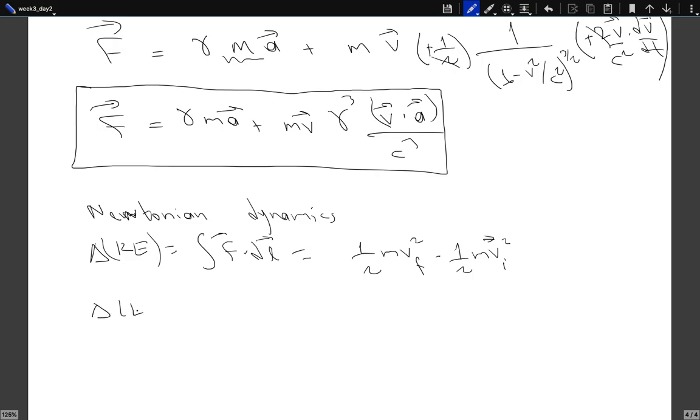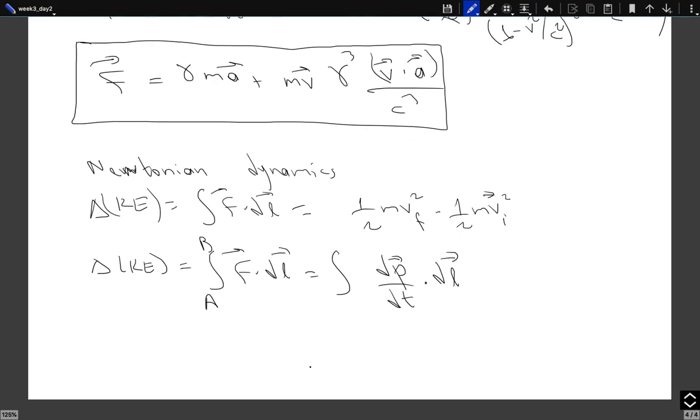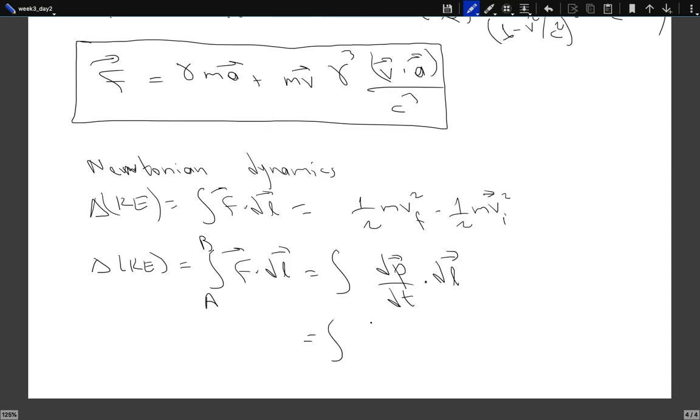So the change in the kinetic energy of the object will be F dot dl as my object goes from point A to point B. Now the force acting on the object is dp divided by dt, scalar product with dl, which can also be written as dp by dt multiplied with dl by dt. Let's multiply it also with dt.